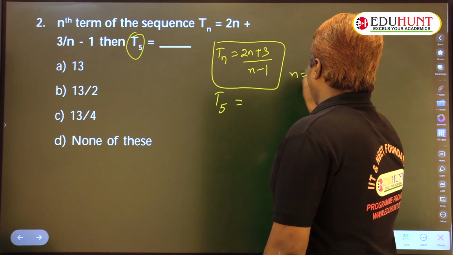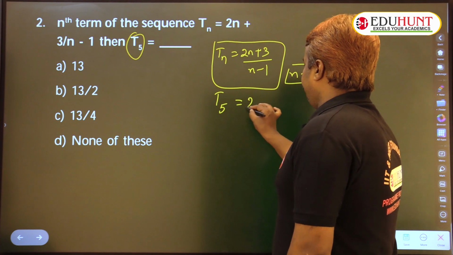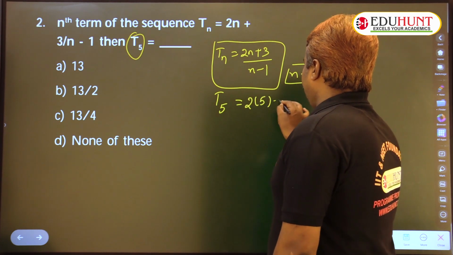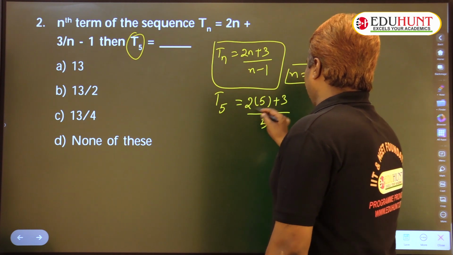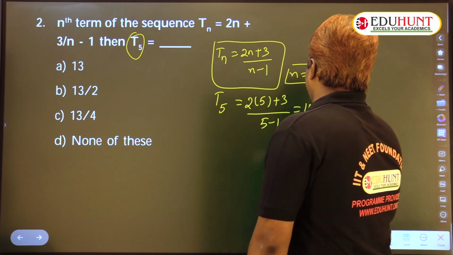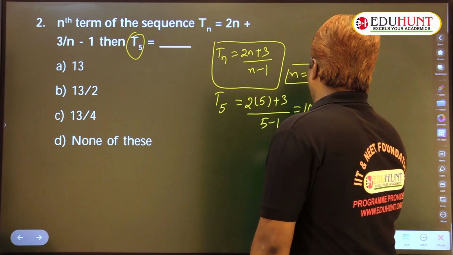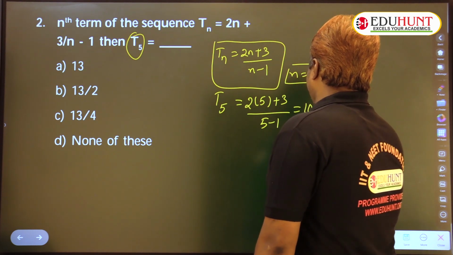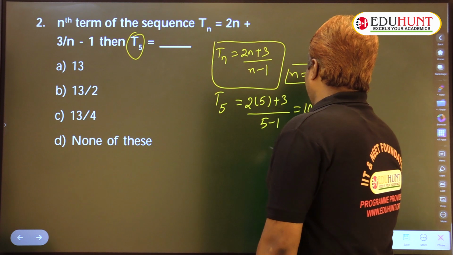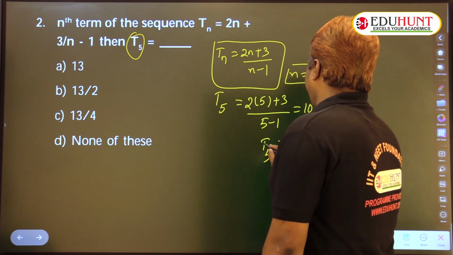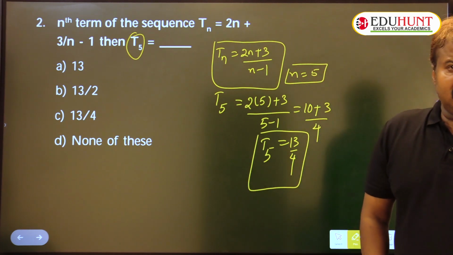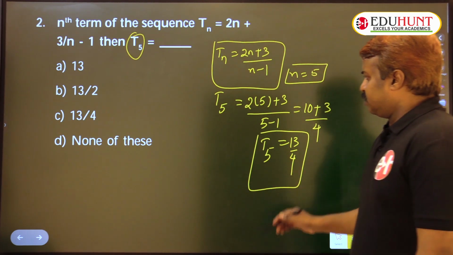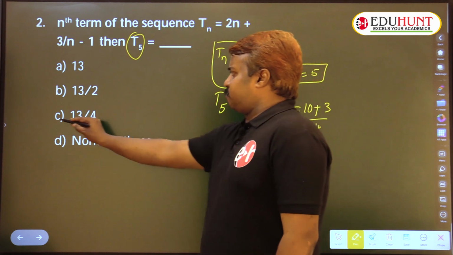Then you get 2 into 5 plus 3 by 5 minus 1. 2 fives are 10, 10 plus 3 by 5 minus 1, which is 4, that is nothing but 13 by 4, which is T5. So that is option C.